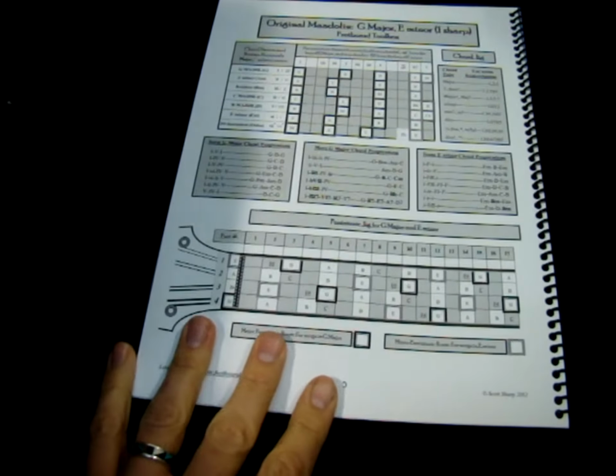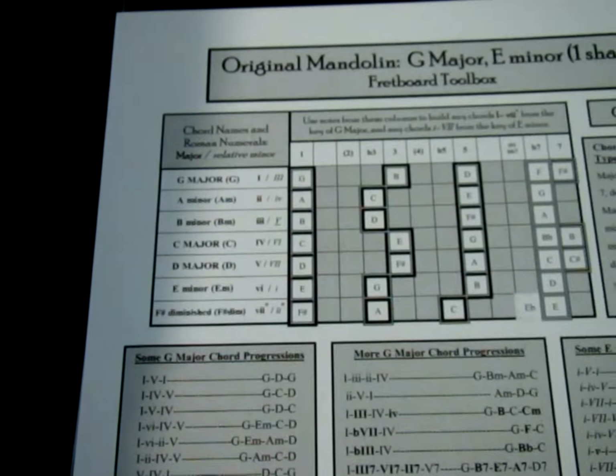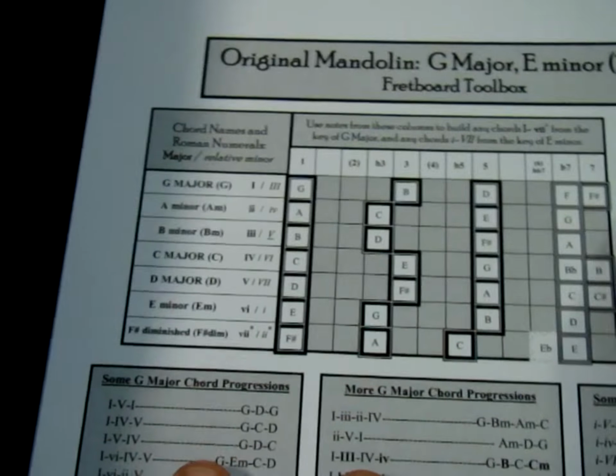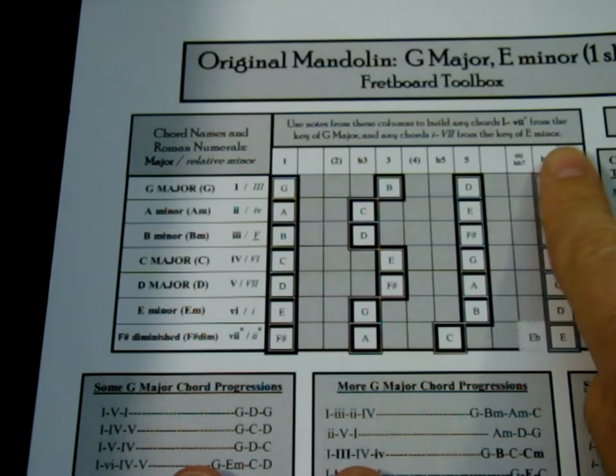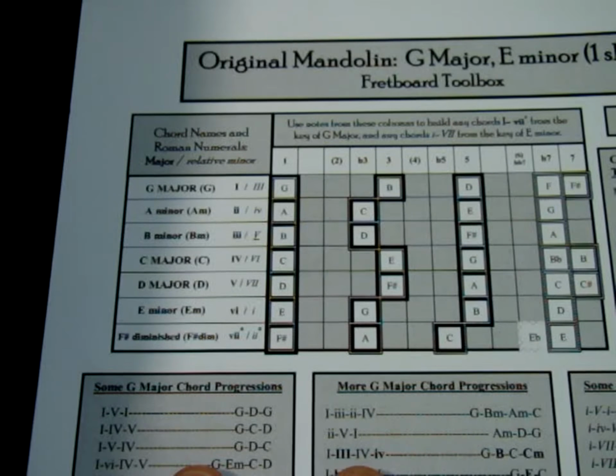So you can make arpeggios out of both major and minor chords, and you can also do it with dominant 7 chords or major 7 chords, and we'll look at those later in a different video.